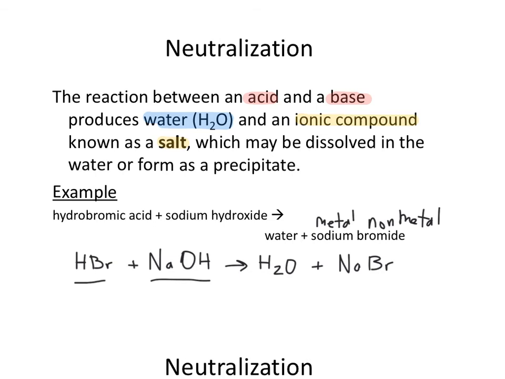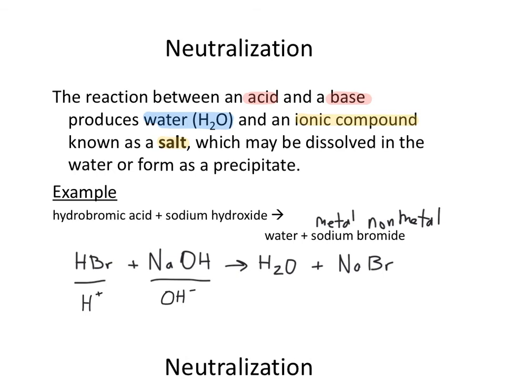But anyhow, hopefully you remembered that a property of acids is that they ionize into a hydrogen ion, and that bases have a hydroxide ion. Bases are a little bit more complicated because it's not always a hydroxide ion.